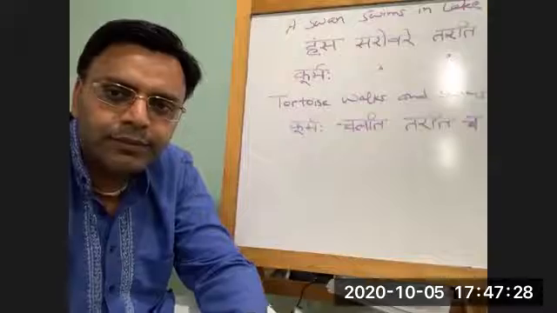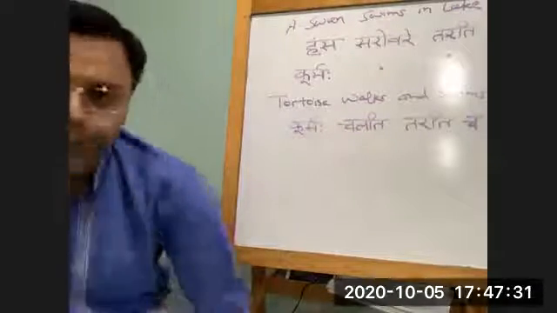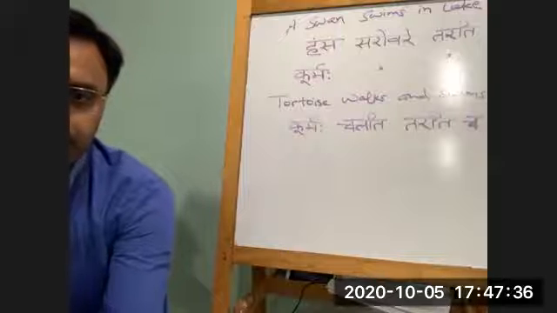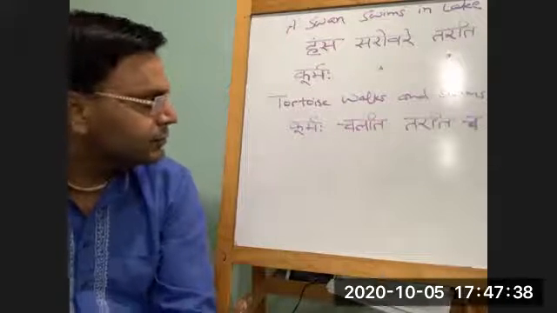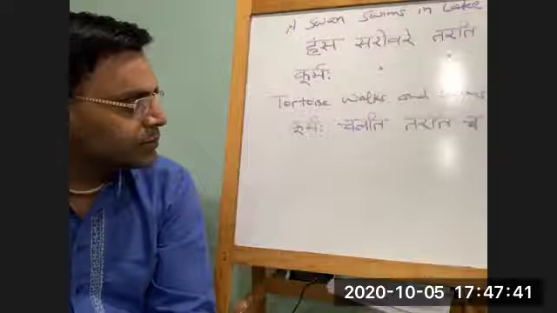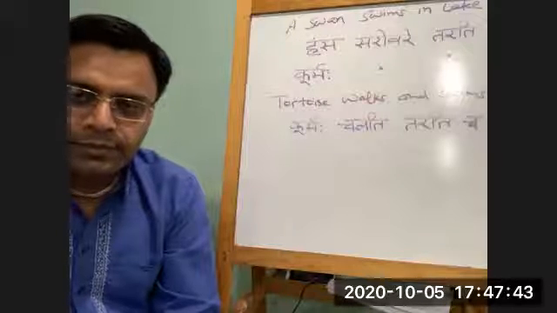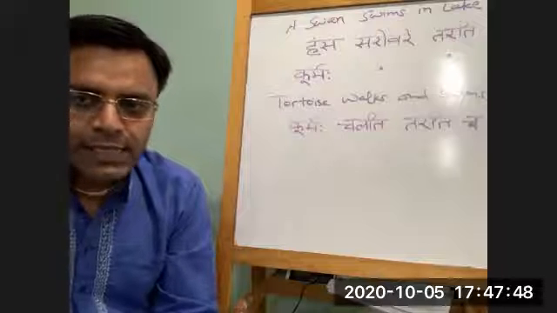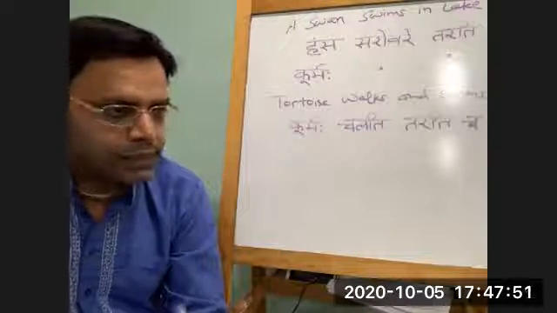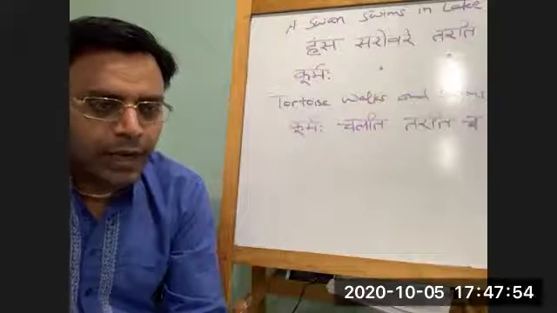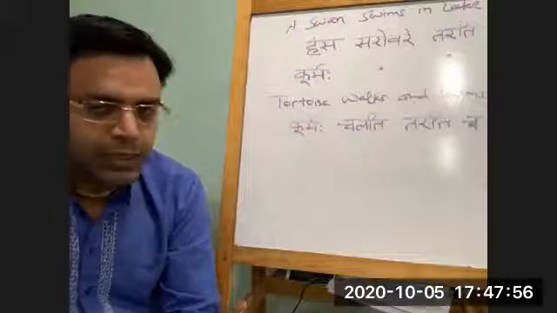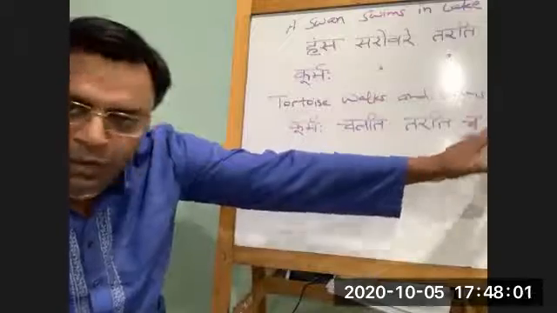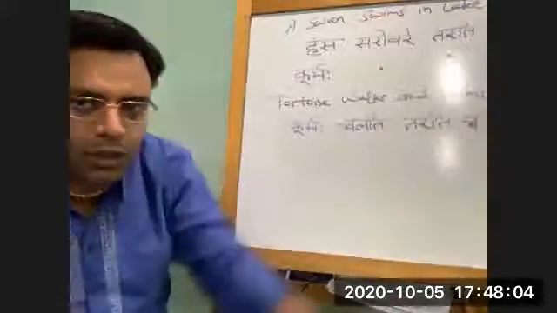So in the tortoise walks and swims, you kept tortoise walks, and then you immediately put swims, and then you kept cha at the last. Why did you keep cha at the last? So that is how it is used in Sanskrit, based on Sanskrit grammar. So you write the two words, two verbs first, and then cha. And if there is a third one, a third more activity, then you write that and again cha.